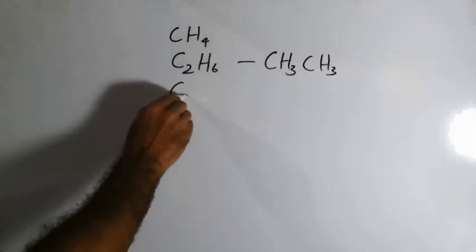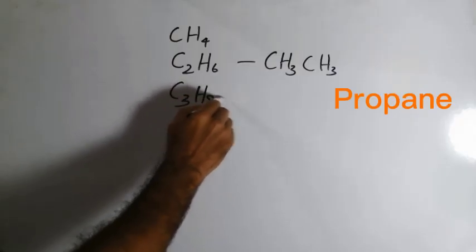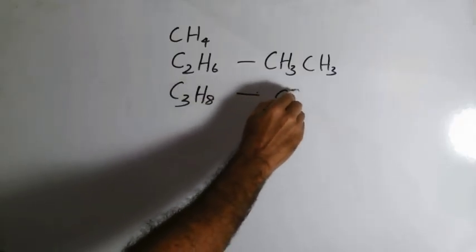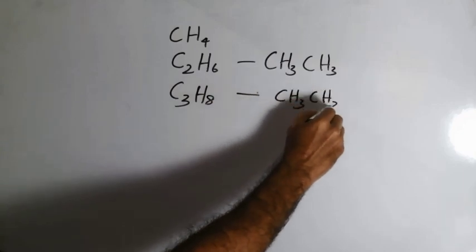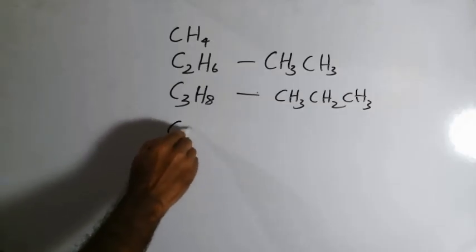Then we will go to propane. Again there are no isomers. Then we will go to butane.